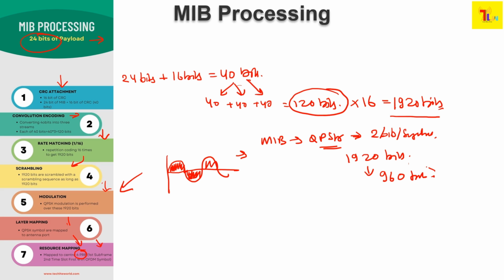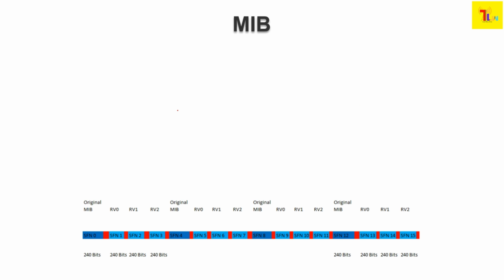Now let's see how exactly these 960 symbols are transmitted, or how exactly they are mapped. If you divide the 960 symbols, it becomes 240, 240, 240, and 240.